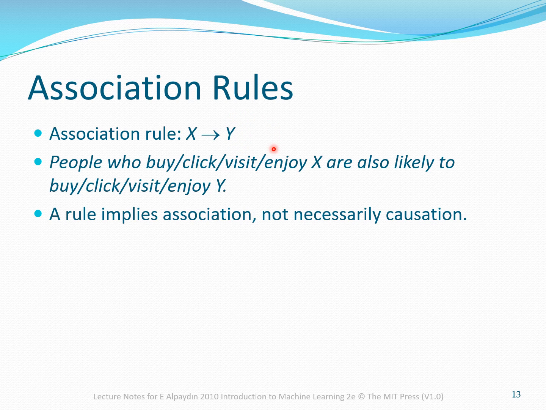One example of an association rule is in basket analysis, where we want to find the dependency between two items X and Y. Say, for example, people who buy or click or visit or enjoy X are also likely to buy or click or visit or enjoy Y. A rule implies association, not necessarily causation.